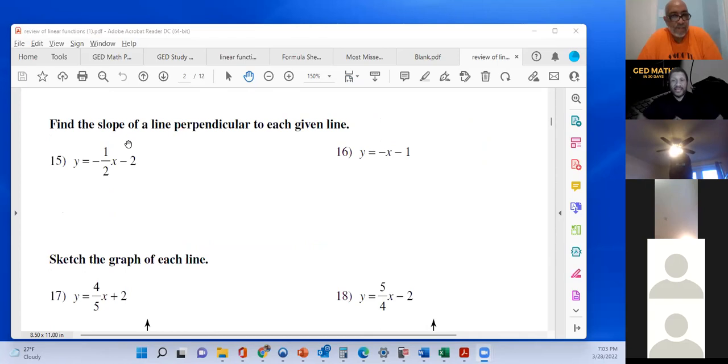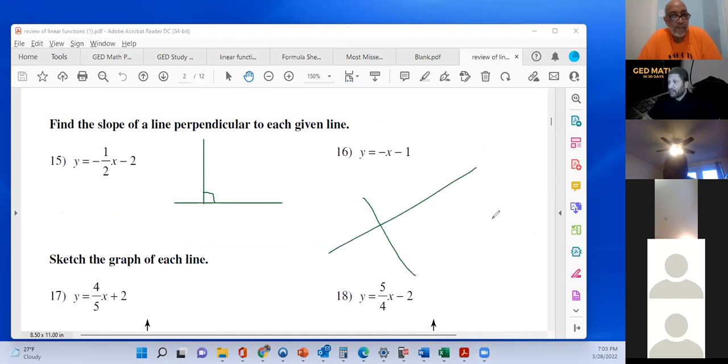Now, find the slope of a line that's perpendicular. What is a perpendicular line? It's two lines that cross but form a 90-degree angle. So lines can intersect.